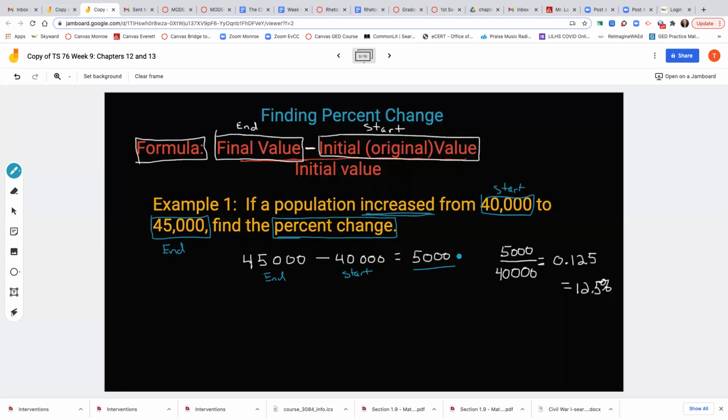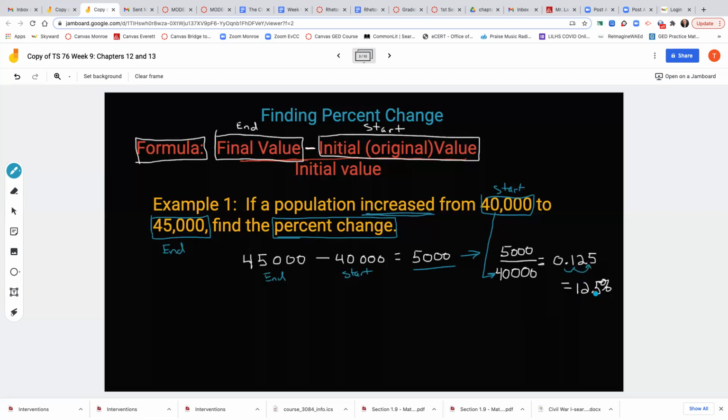So I take my $5,000 here, I just slid it over here to the right, and divide it by, or put it over my initial value, my start value. So I'm going to draw a little arrow here. That's my start value right here, okay? That gives me 0.125 on my calculator. Convert that to a percentage by moving the decimal point, as we learned a week or two ago, 2 places.